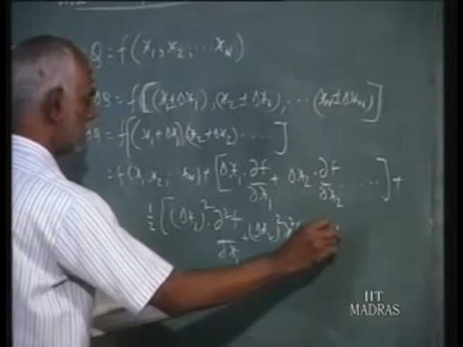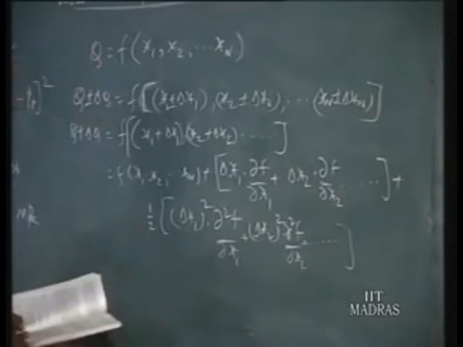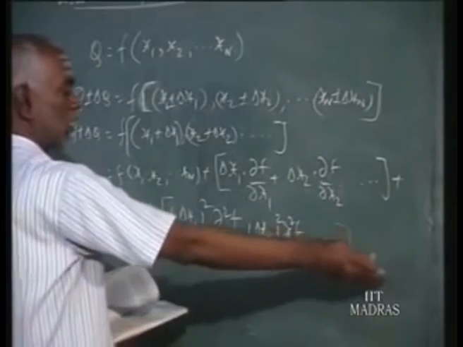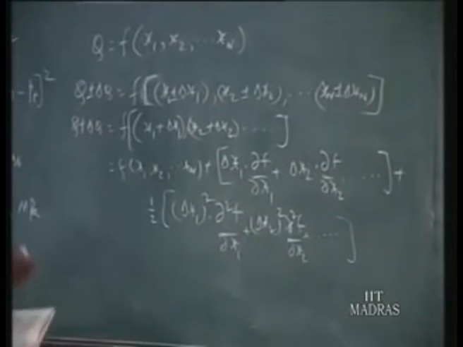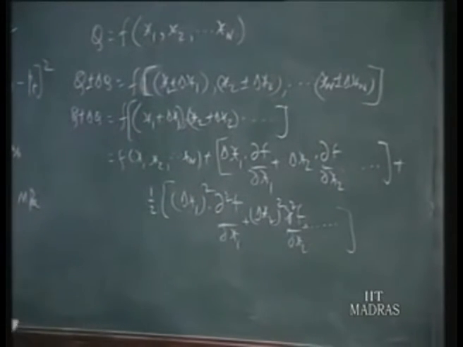It goes for the second derivative, and then plus 1/3 of delta x1 cube, and so on. The Taylor series will be expanding like this.